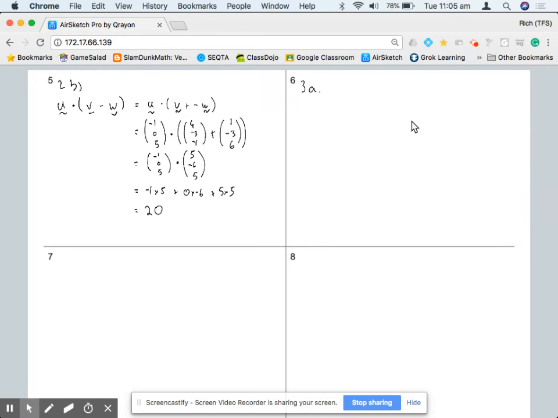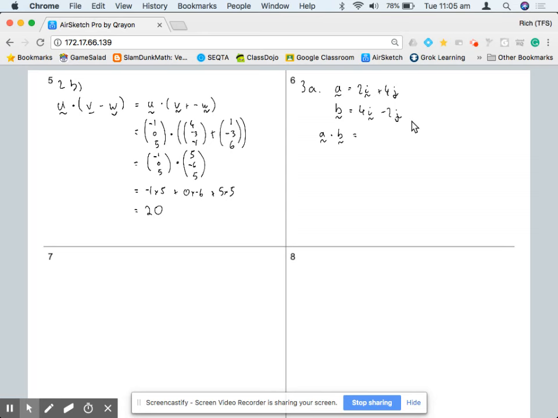So 3A, a vector is equal to 2i vector plus 4j vector. b vector is equal to 4i vector minus 2j vector. And the dot product of those two vectors, we just match up the coefficients, don't we?